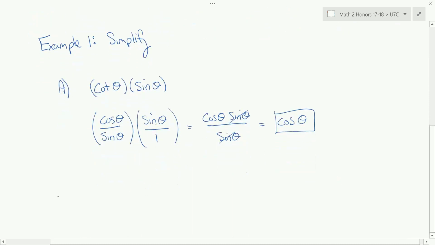Next example. Sine theta times the tangent theta times the cotangent theta times the cosecant theta.